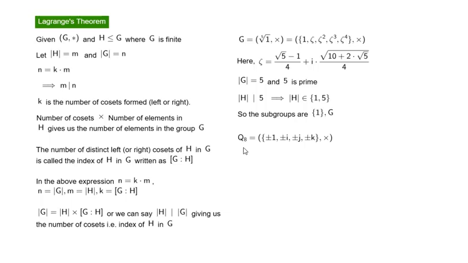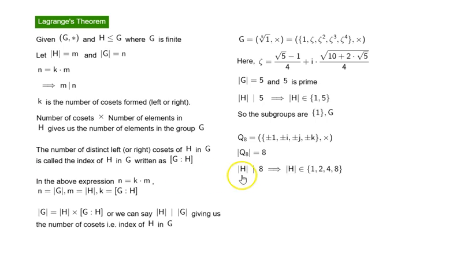The quaternion group. This, as you remember from previous sessions, contains plus or minus 1, plus or minus i, plus or minus j, plus or minus k under multiplication. Here the number of elements, that is, the order of Q8, is 8.